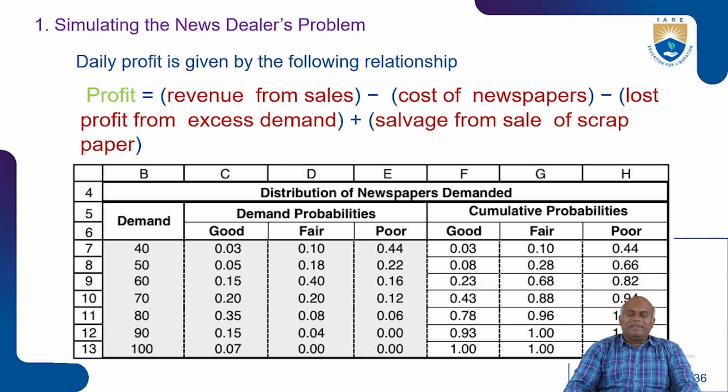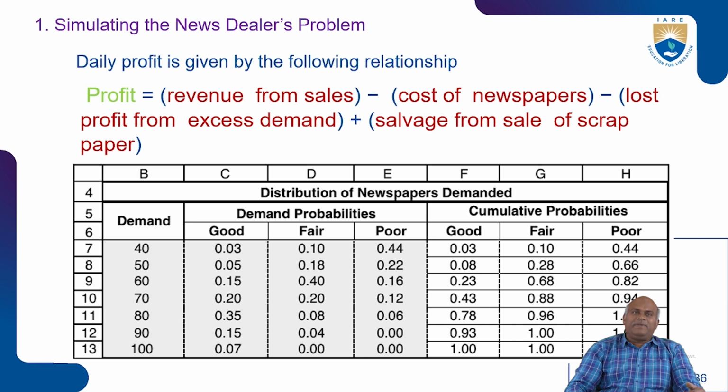Here I take orders of 40 papers, 50 papers, 60 depending upon the day. Then what is the demand probability distribution of newspapers? We need to find the probability based on how much paper we receive. Good papers are represented as 0.3, that is 30 percent, fair is 10 percent, and poor is 44 percent.